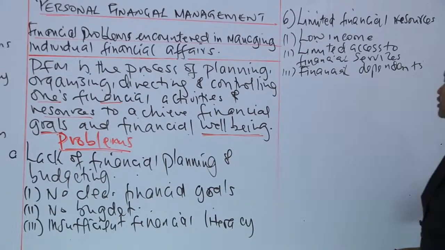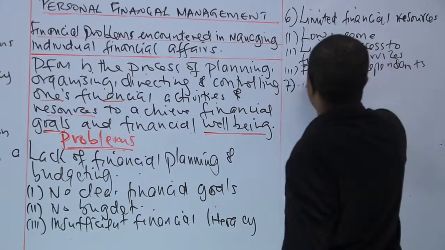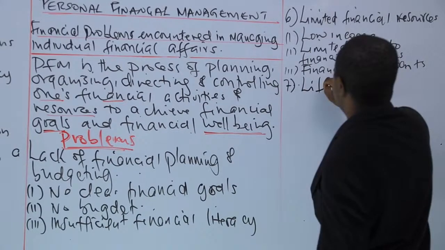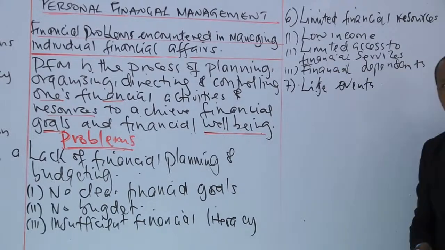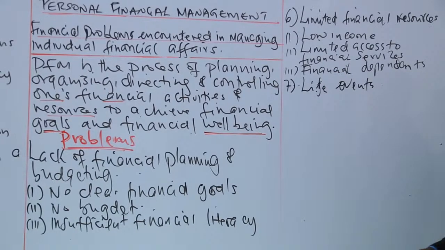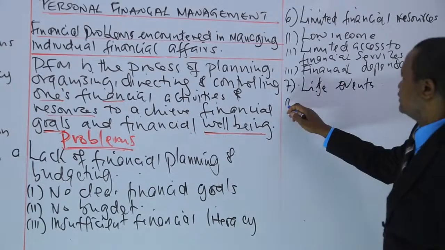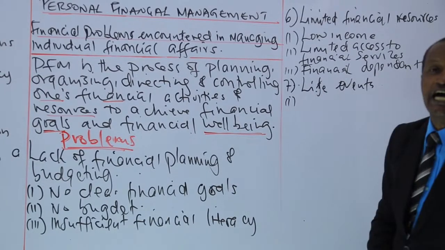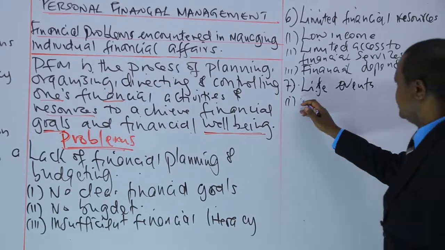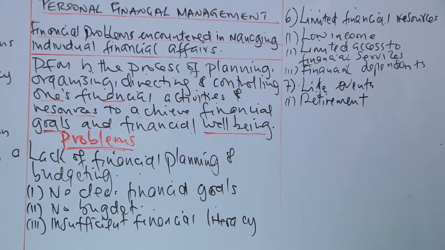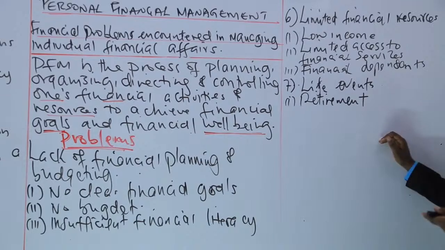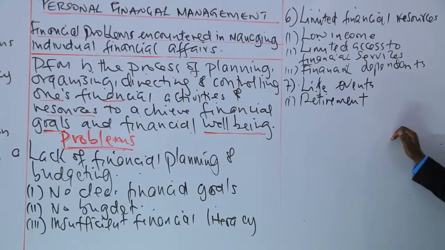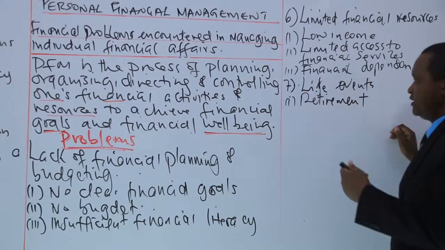Then the last category, number 7, life events. One example of an inevitable life event is retirement. Retirement is inevitable. So planning for retirement may require careful financial management in order to ensure financial security in later years.